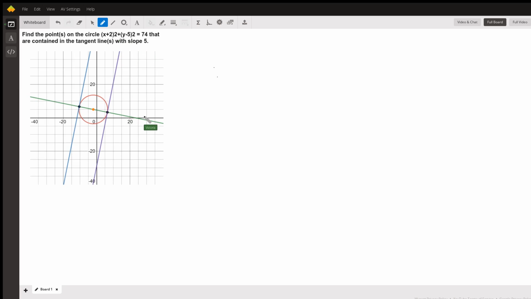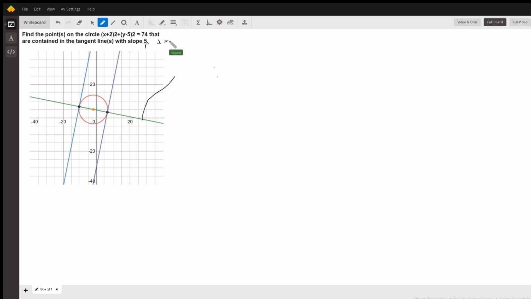What we really want is the equation of this green line. And we know that the slope, because it's perpendicular to the tangent line of slope 5 over 1, the perpendicular slope is going to be the opposite sign.